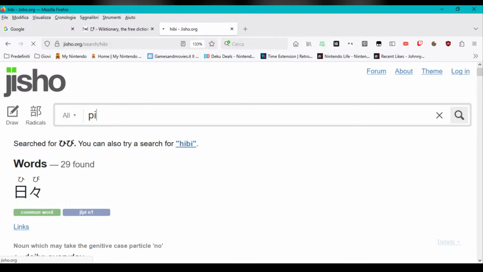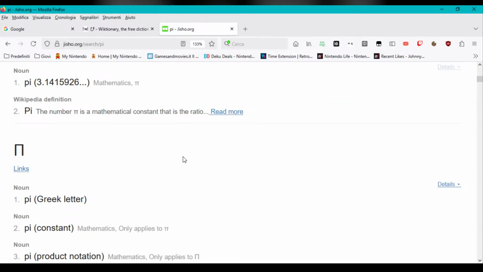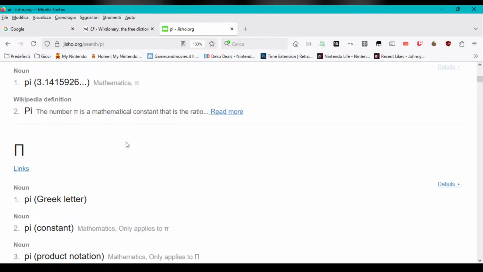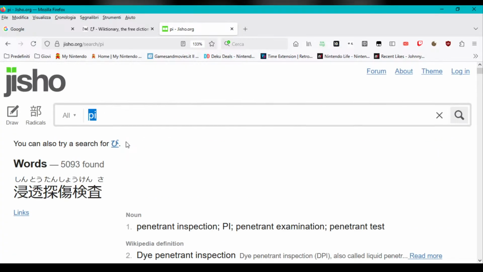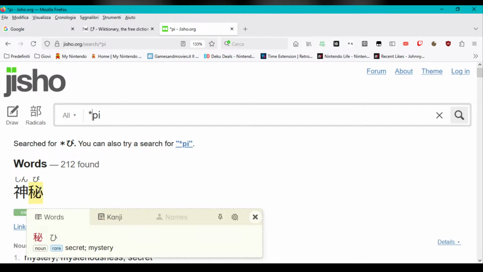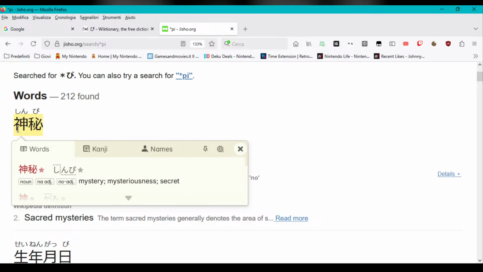With pe, it's not easy because usually you can't start with that. Of course, it finds also the P as in the Greek letter. So let's try searching it with this function to find the words that end with pe. For example, shimpi. Shimpi.